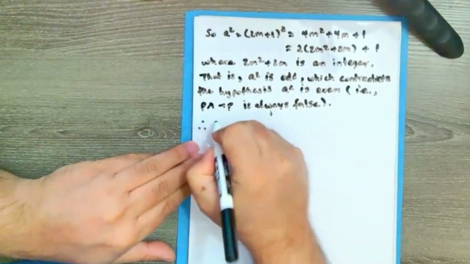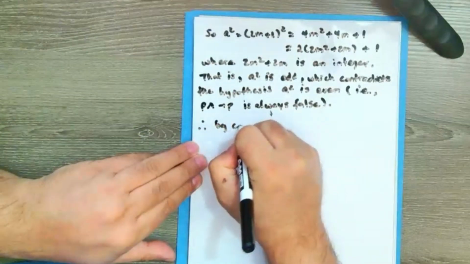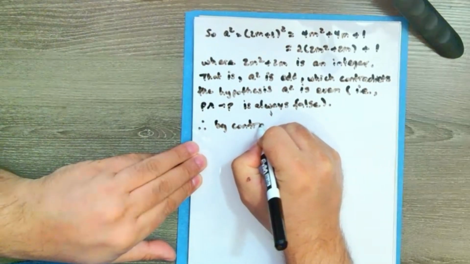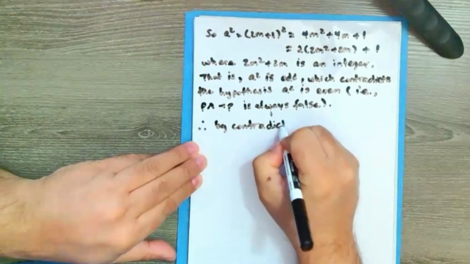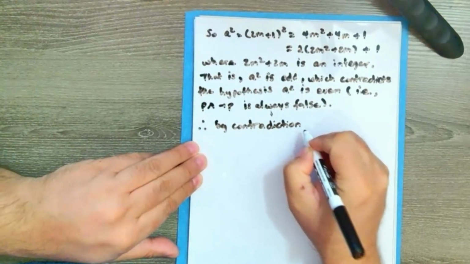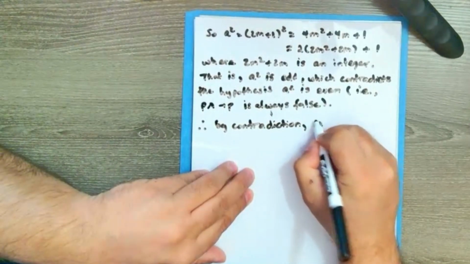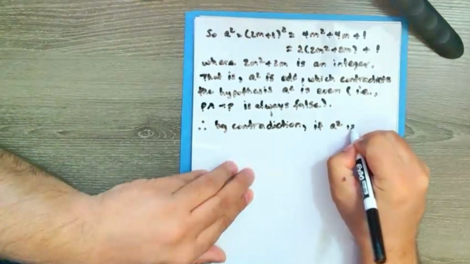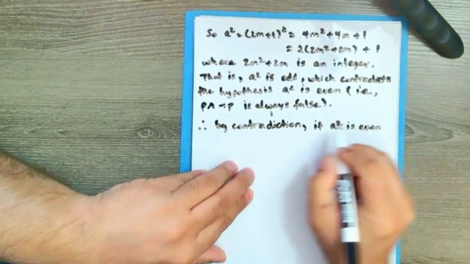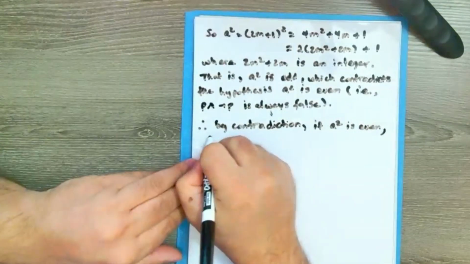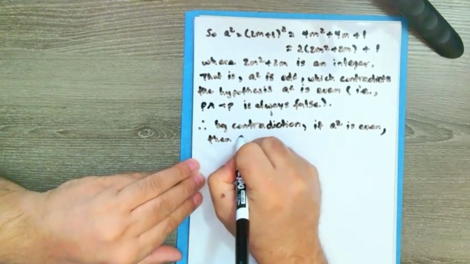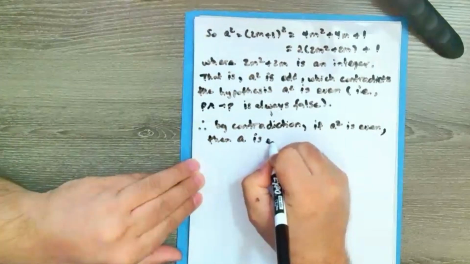And therefore, by contradiction, if a squared is even, then the integer a is even.